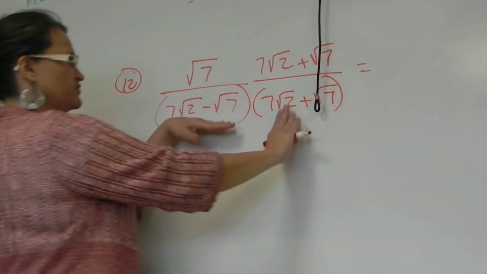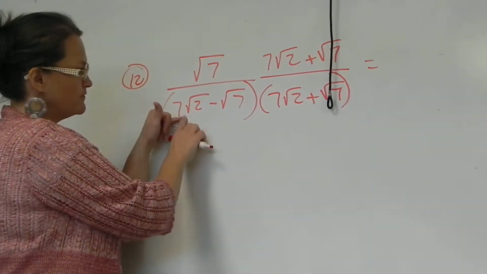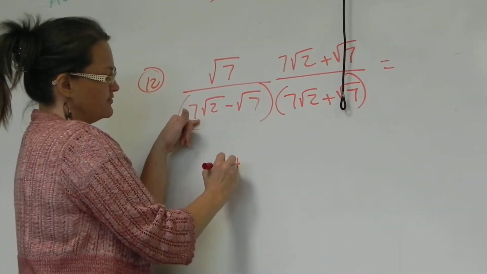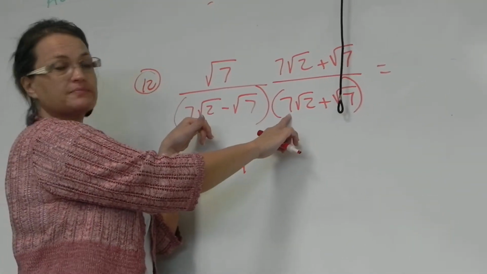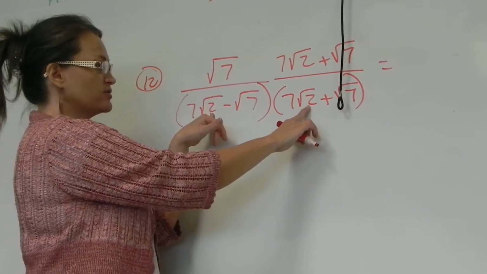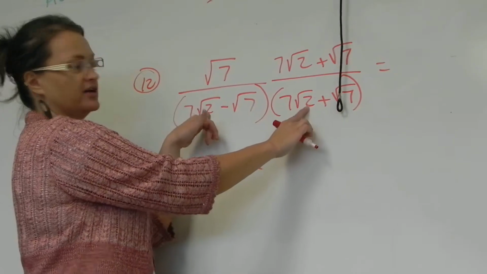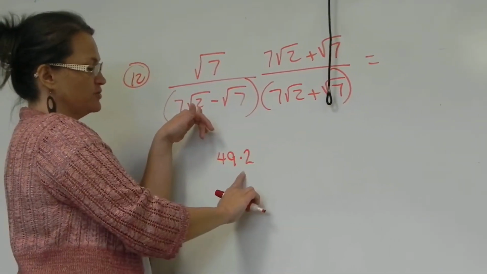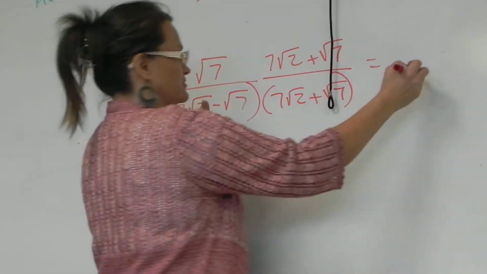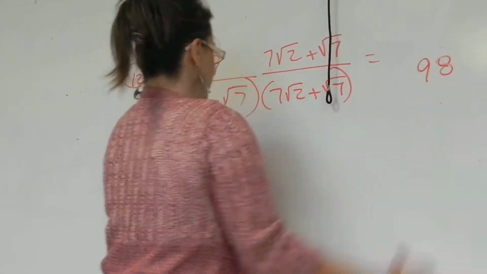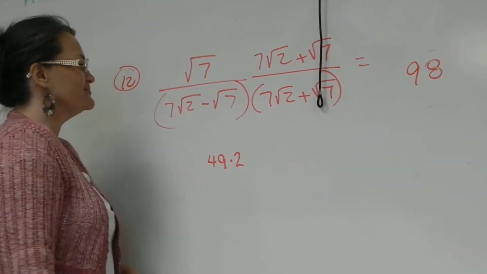So we do the bottoms first. I'm going to FOIL this. The first times first makes a 49, 7 times 7. And radical 2 times radical 2 will just be a 2. The square root, and you have a match, so it comes out of the 2. Or 108. No, 98, sorry. 49 times 2, 98.